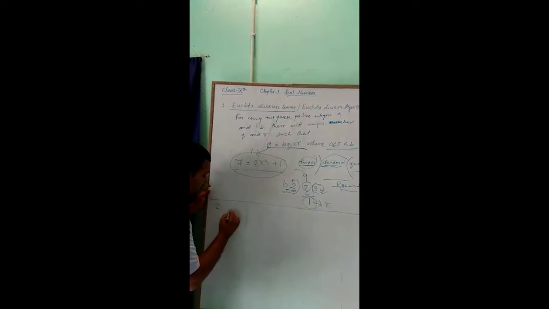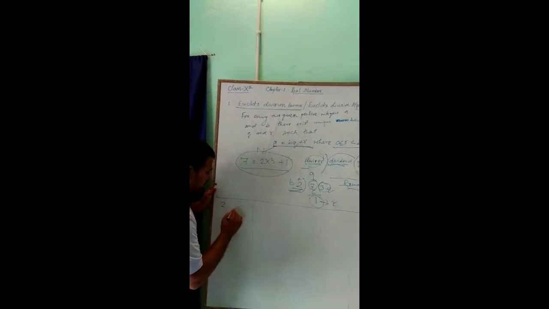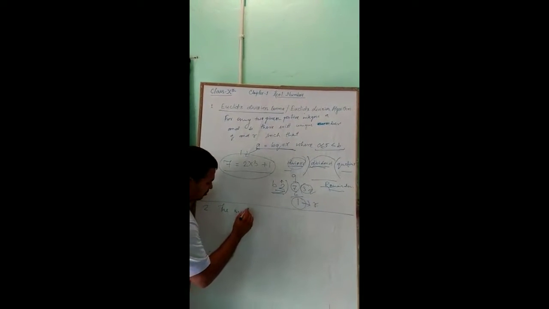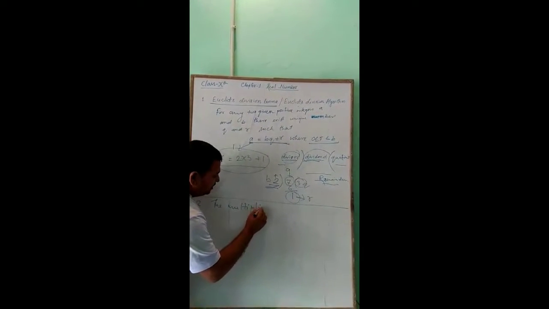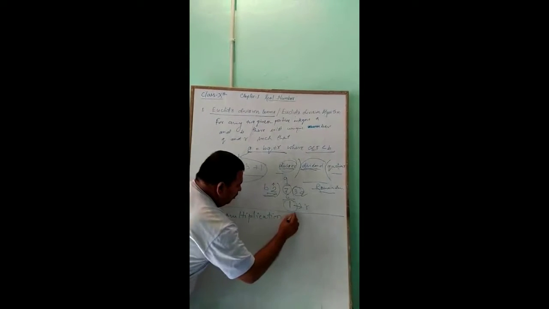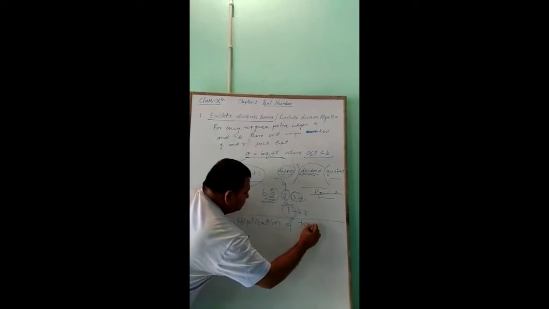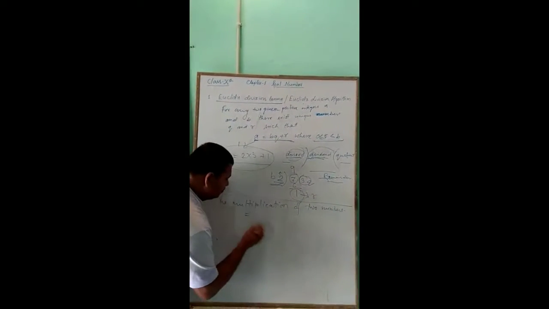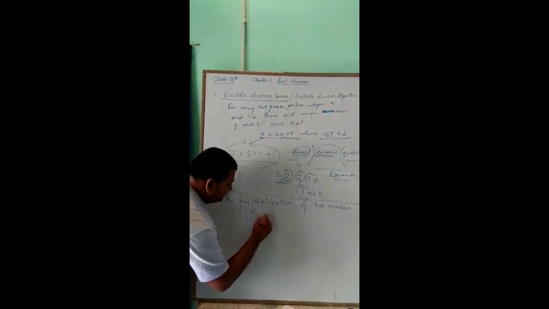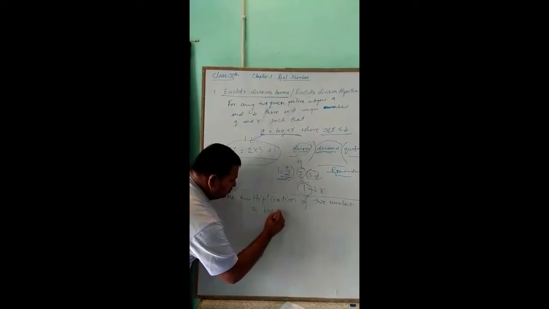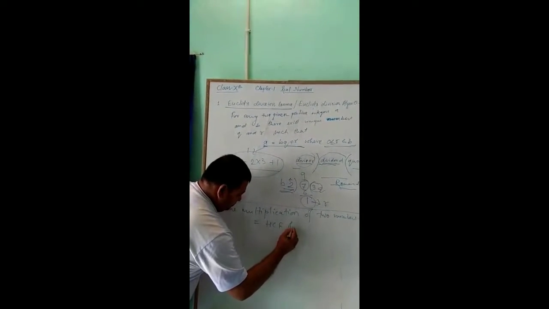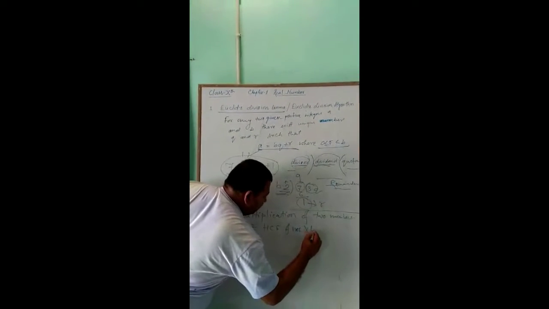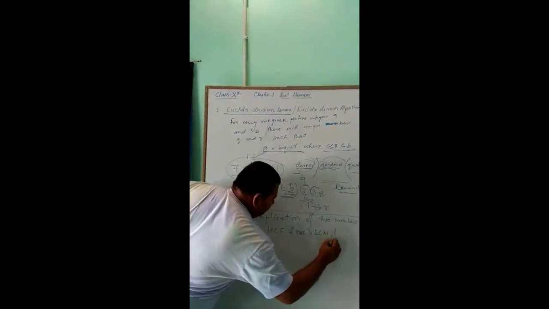The multiplication of two numbers is equal to the HCF of numbers into LCM of that numbers.